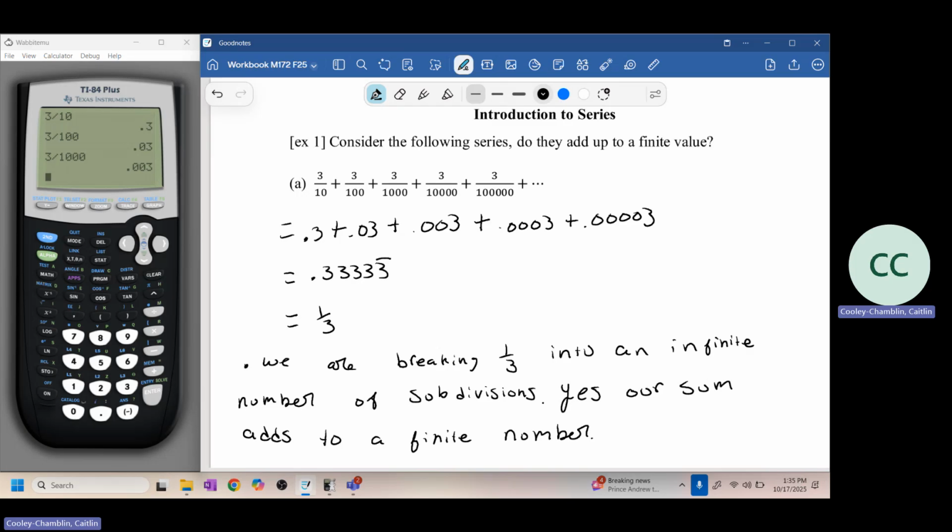So we're adding an infinite number of numbers together, and I'm getting a finite number. So 0.3 plus 0.03 plus 0.003 and on and on and on forever, and they just add up to 1/3.